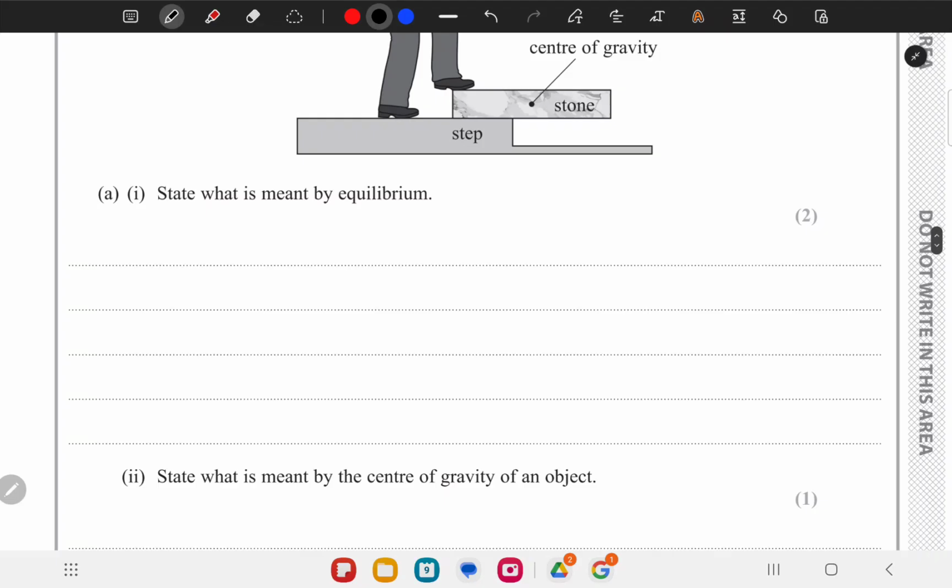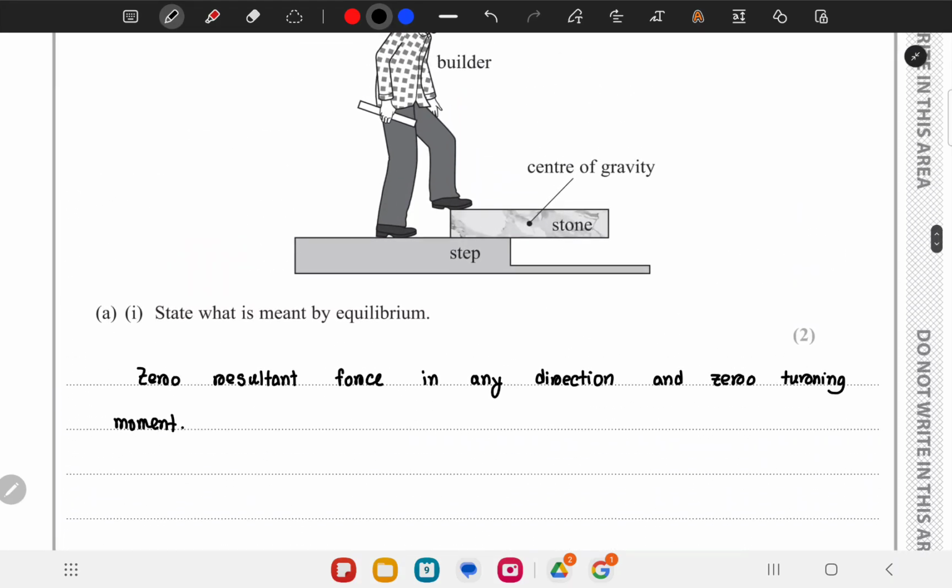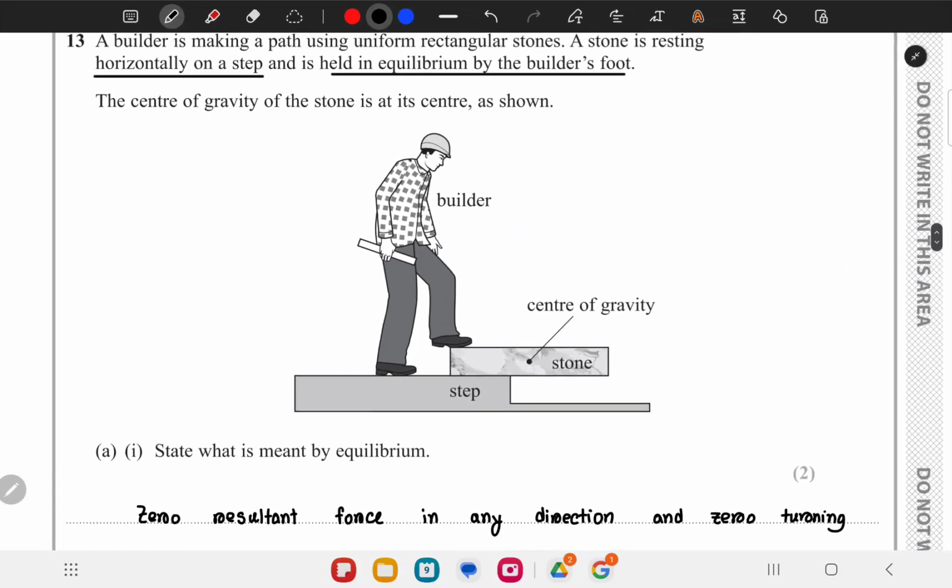In this case, since we are given 2 marks, one will be about the upward force and downward force being equal, and the other will be the clockwise moment and anti-clockwise moment being equal. So we have 0 resultant force and 0 turning moment. So this is our structure, and this is how we answered this question.